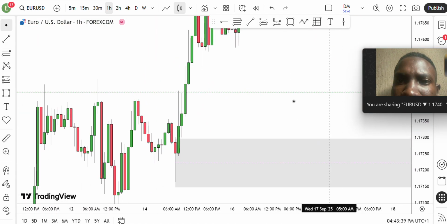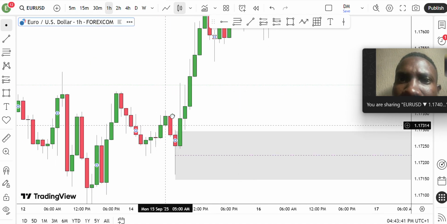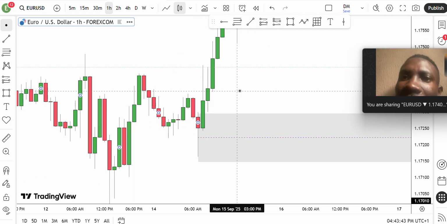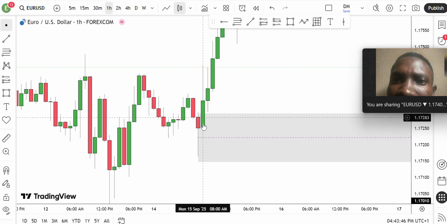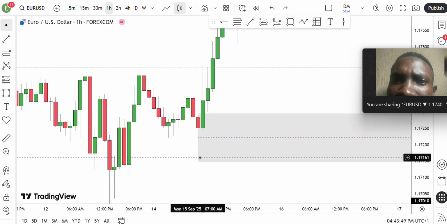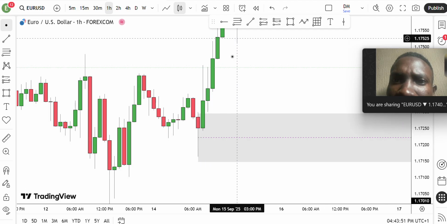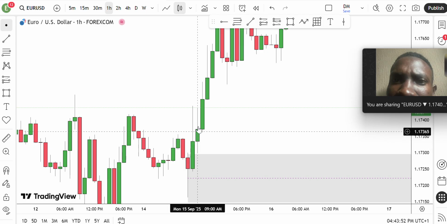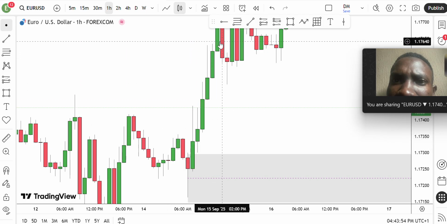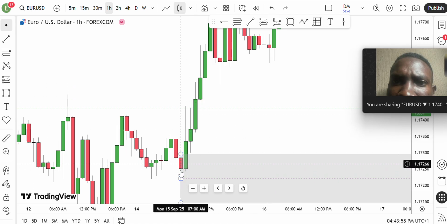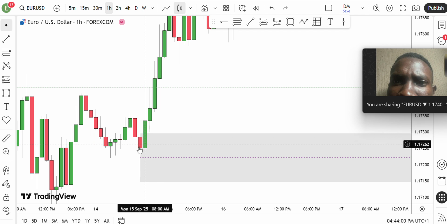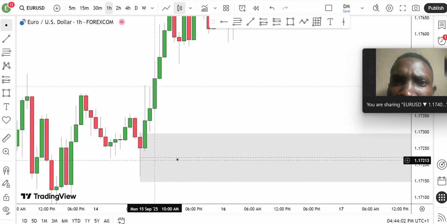In all of the selling that we had, price was selling, and then this was the last sell before we had a buy. See that every candle that followed was just a green candle. So all of these buys happen after this one. So this one now becomes the order block, because that was where the buy began from.